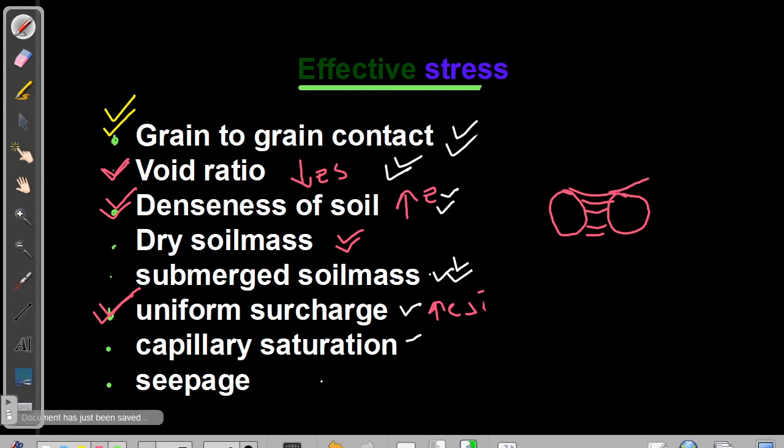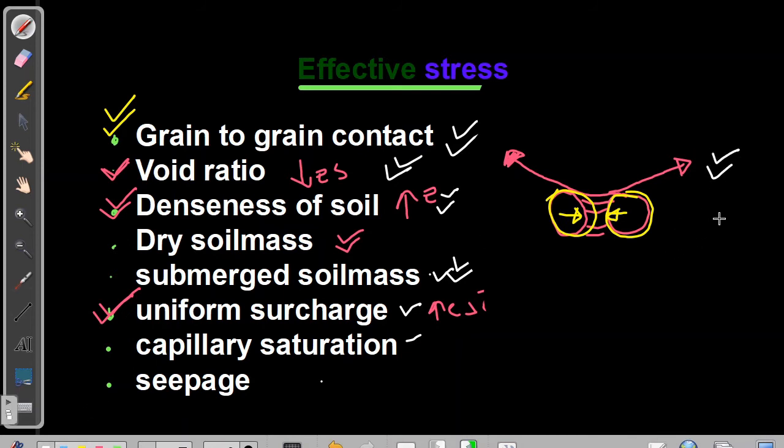It means the water present here will be in tension, and due to this tension there will be compressive forces on soil solids. So even due to capillary saturation, effective stress increases.